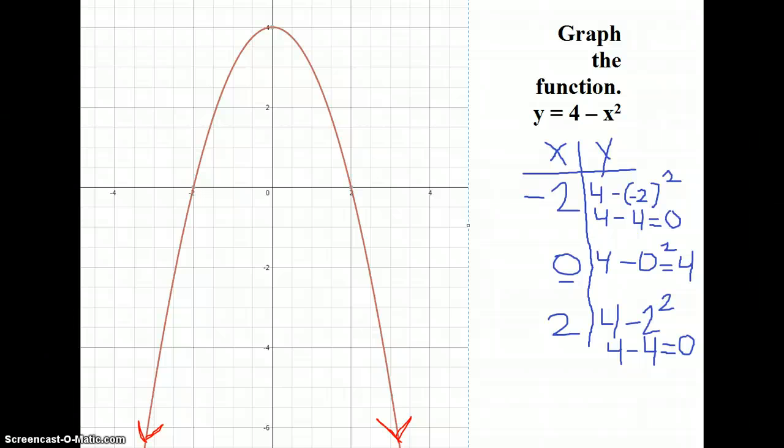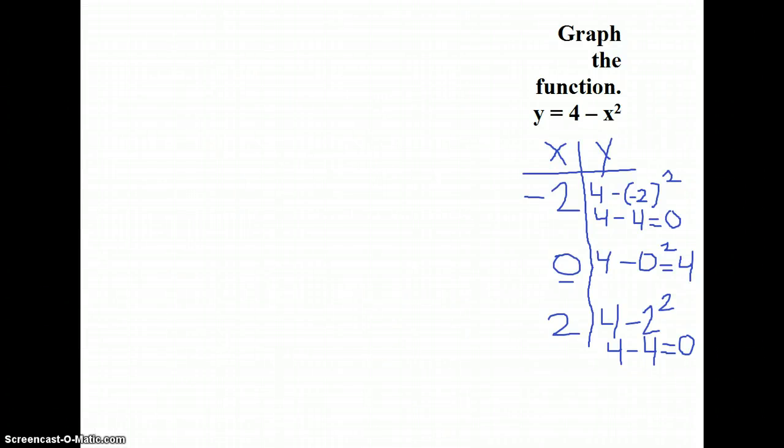Let's look at another example. Again, graphing by plotting points. Let's look at this next problem.